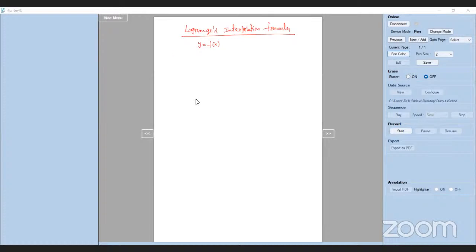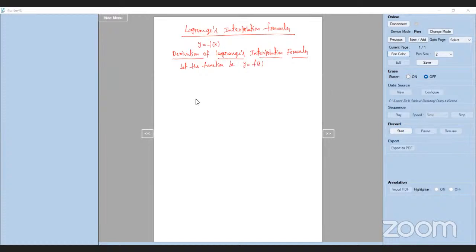First, we are going to see the derivation of Lagrange's interpolation formula. Let the function be y is equal to f of x.